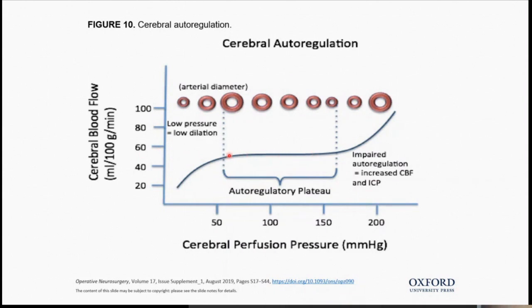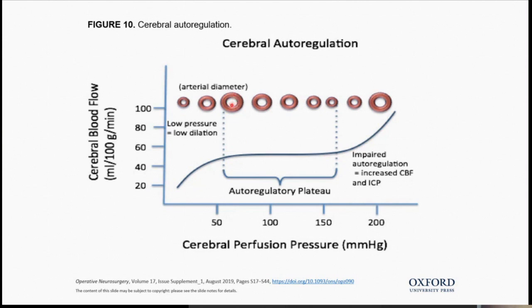Anything below this will cause ischemia. Anything over this will cause impaired autoregulation and may cause hyperemia, expansion of hematoma, and expansion of the contusion.